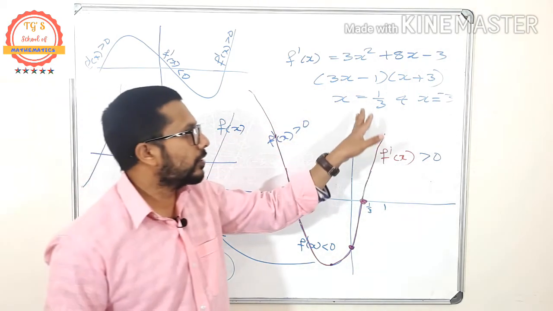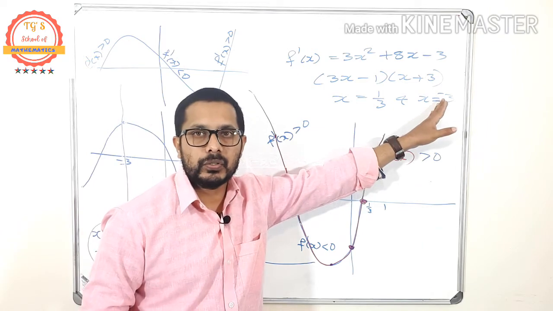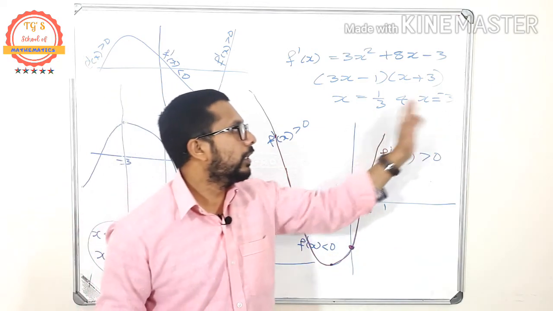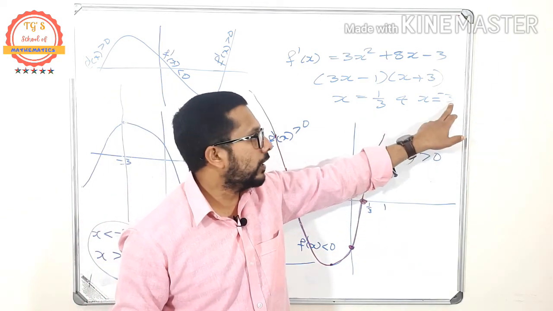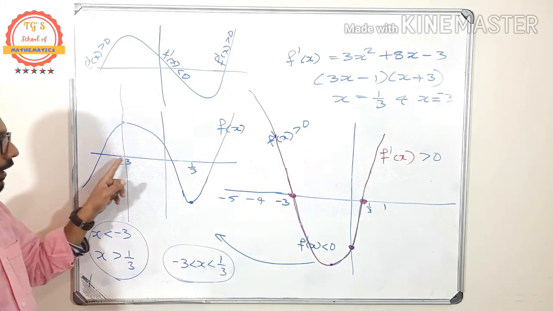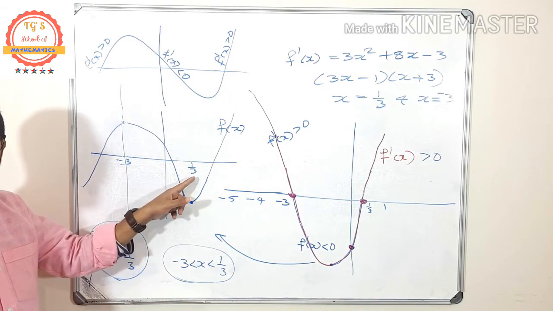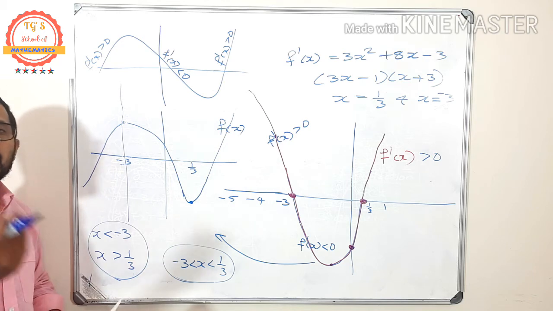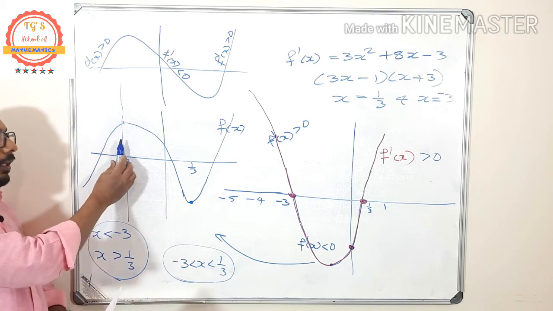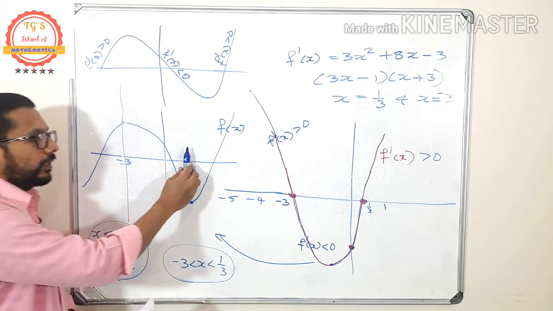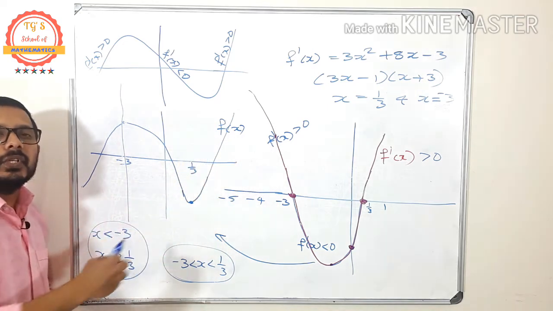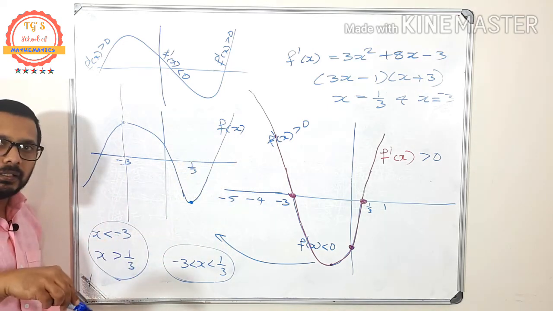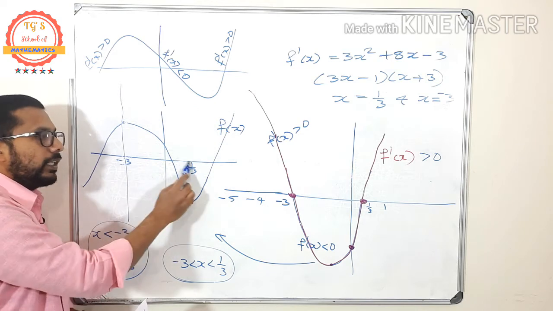First you factorize this one and find the x values. Then you have to check which one is on the left side. Here you can see that minus 3 is on the left side and 1 over 3 is on the right side, and f is strictly increasing means you just write x less than minus 3 and x greater than 1 over 3. For f strictly decreasing, you have to write the value of x in between these two.